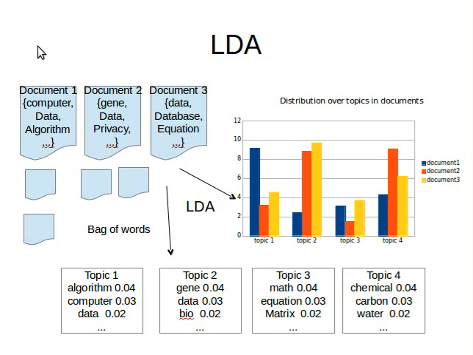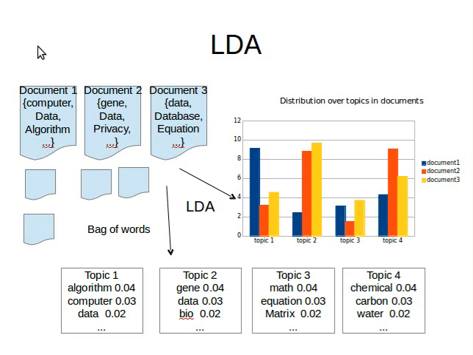For example, we can use the distribution over the topics for documents to index or label the documents by their topics automatically, and the topic information can be further used in information retrieval or in searching for similar articles based on their topics.